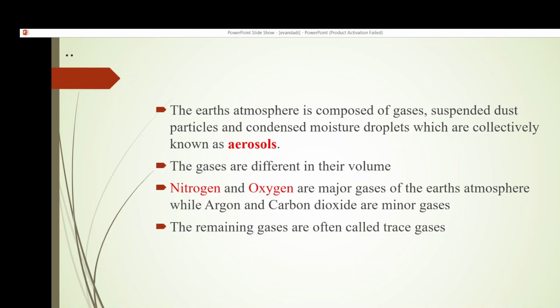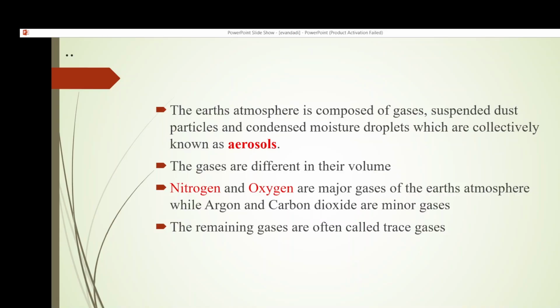So the Earth's atmosphere is composed of gases, suspended dust particles, and condensed moisture droplets, which are collectively known as aerosols. Do you remember aerosols? It's one major keyword that you should understand after this lesson. So, what are aerosols? Simply, aerosols are thin solid or liquid particles suspended in the atmosphere.